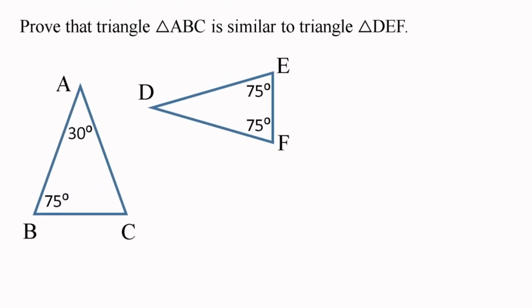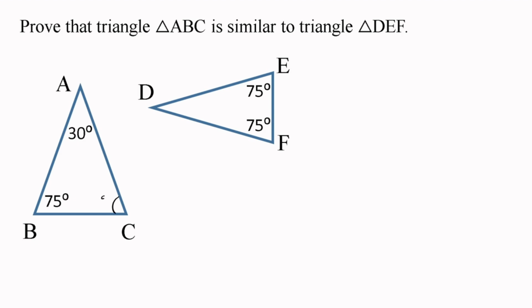Here we have two triangles and we want to prove that the triangle ABC is similar to triangle DEF. As you can see, I have angles in triangles, so I can realize that I need to use first postulate because it is about angles. So I know that this angle is 30, this one is 75. I want to find this angle of this triangle.